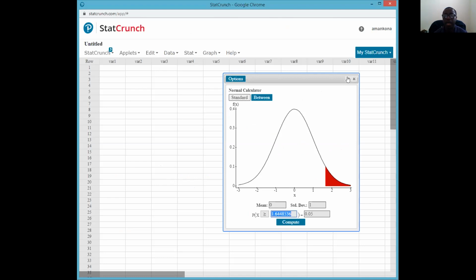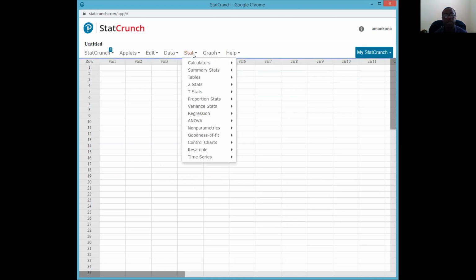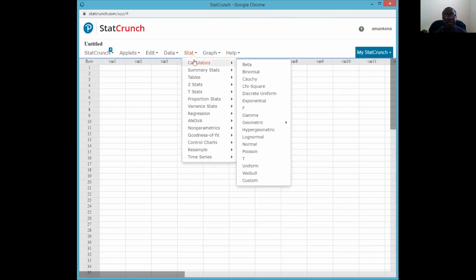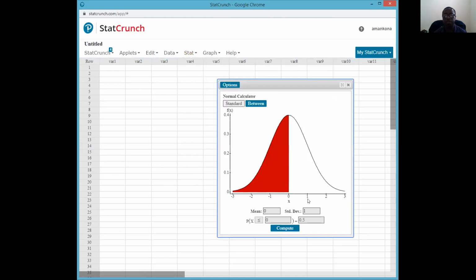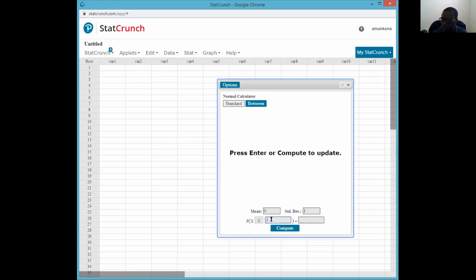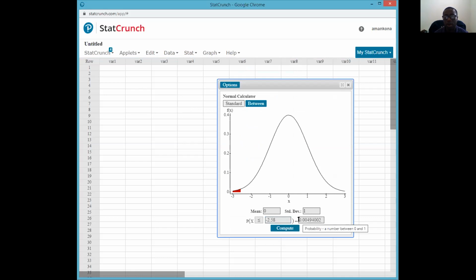To find the p-value, go to Stat, then Calculators, and go to Normal distribution. We want to find the probability, a left tail, to the left of negative 2.58. That probability is 0.0049.